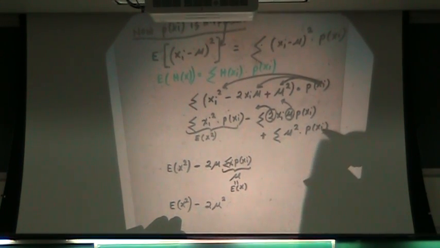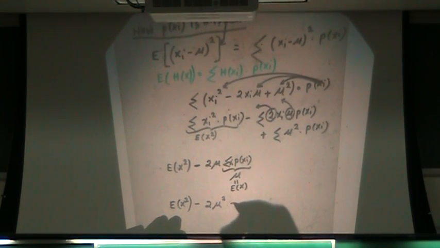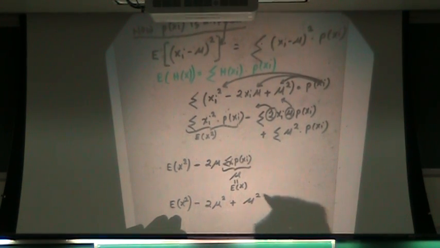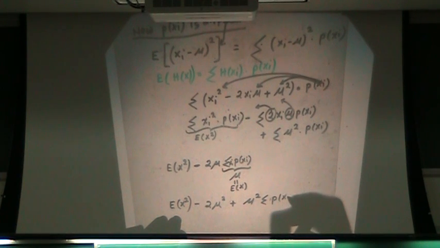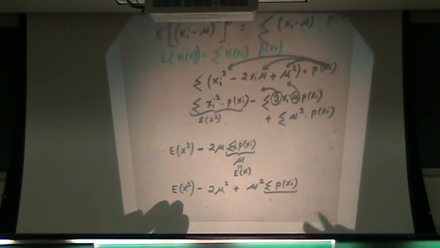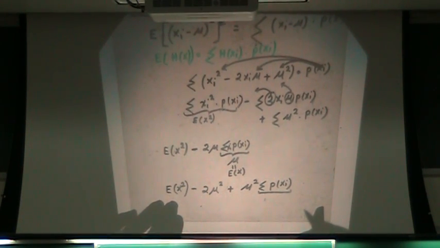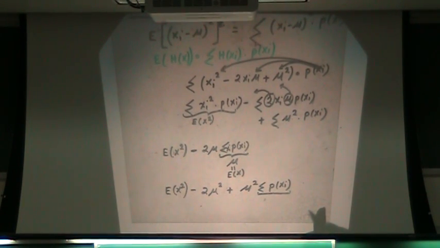And then I have a third term to play with. This is plus mu squared summation P of xi. What is summation P of xi? What is the sum of all the probabilities? 1.